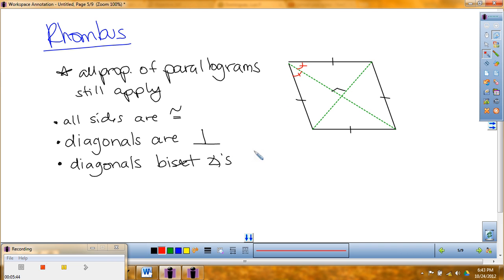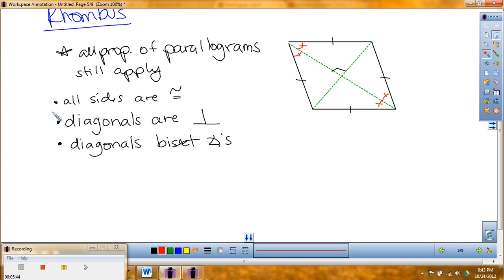Since we know that all of the properties of parallelograms apply, we also know that opposite angles are congruent. So this opposite angle is congruent to this opposite angle, and this diagonal is also bisecting that. So our angles are being bisected and they're also congruent to each other. Diagonals are perpendicular bisectors of each other.